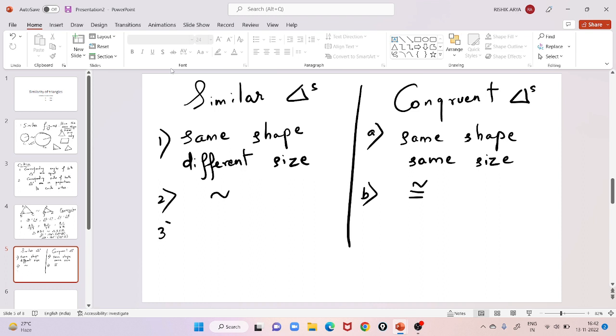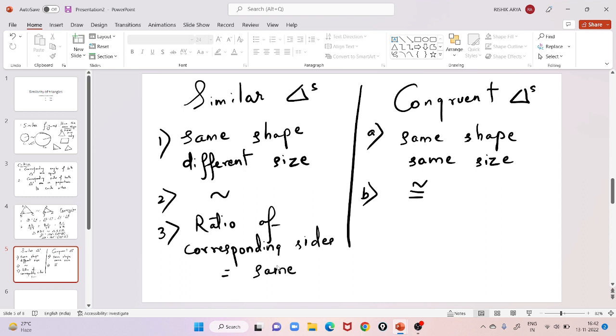In this case we take the ratio of corresponding sides, and the ratio of corresponding sides will always be the same, as we have seen previously. But in the case of congruent triangles, the ratio of corresponding sides will be equal to a constant value.